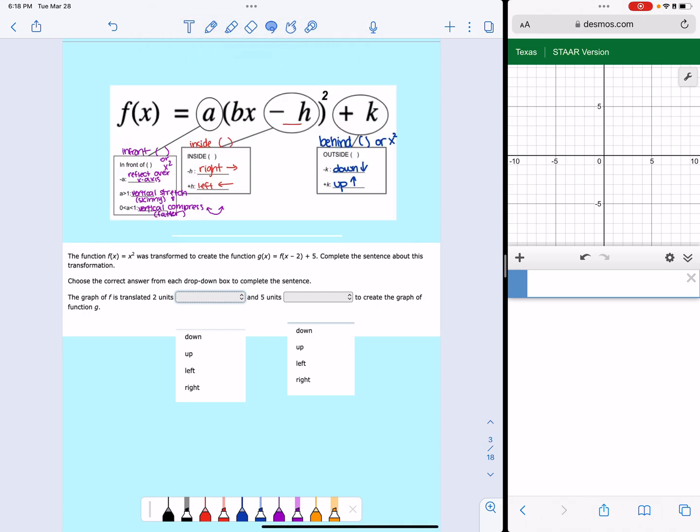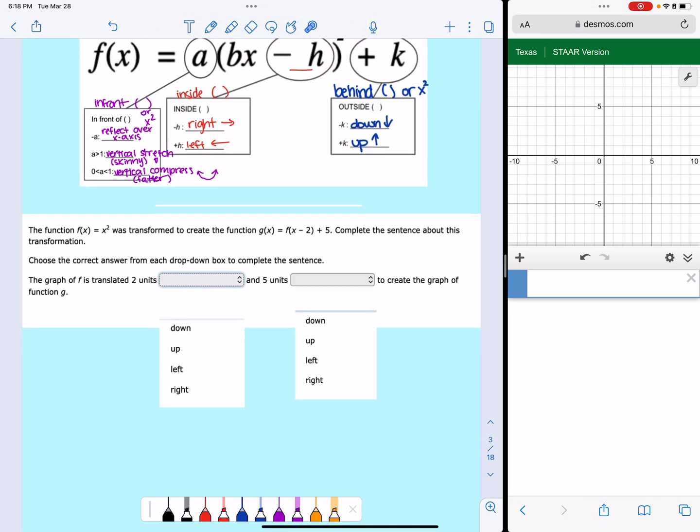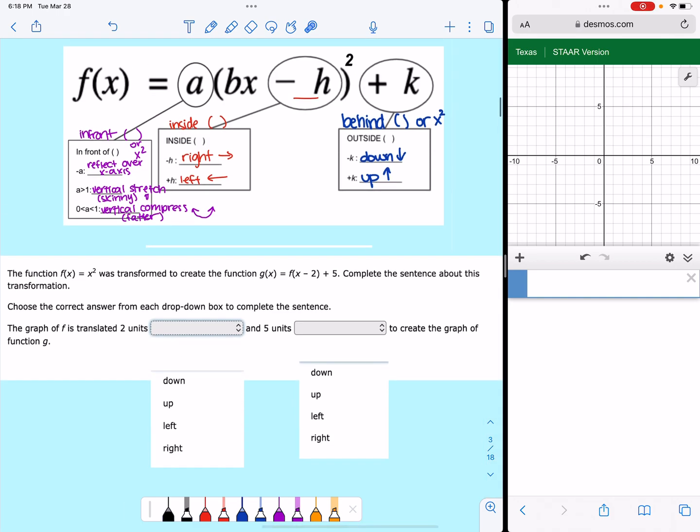So for this next one, it says the function f of x equals x squared was transformed to create the function g of x equals f of x minus 2 plus 5. Complete the sentence about the transformation. Choose the correct answer from each drop-down box to complete the sentence. The graph of f is translated 2 units blank and 5 units blank to create the graph of g of x.